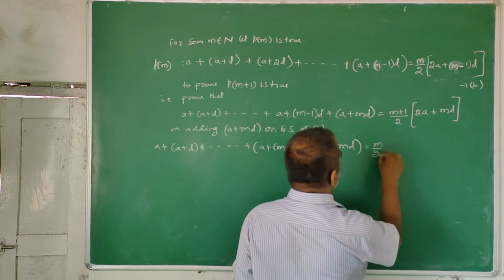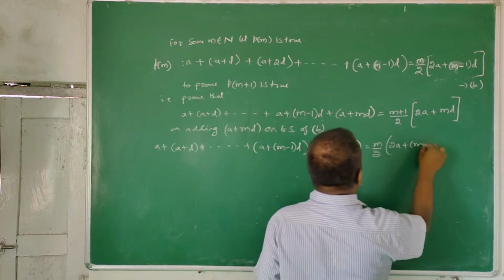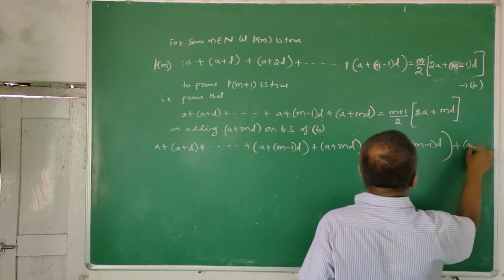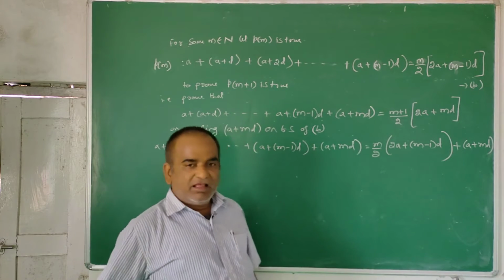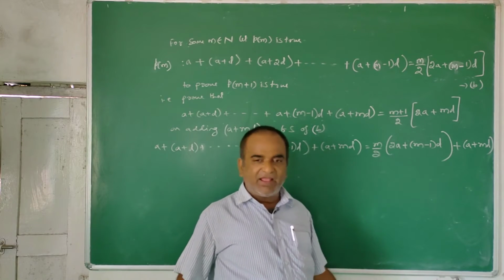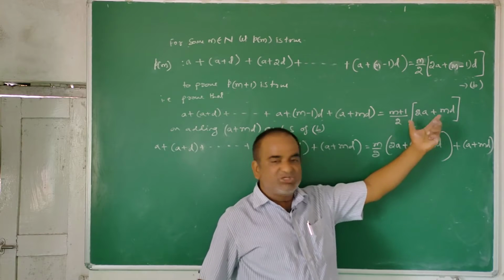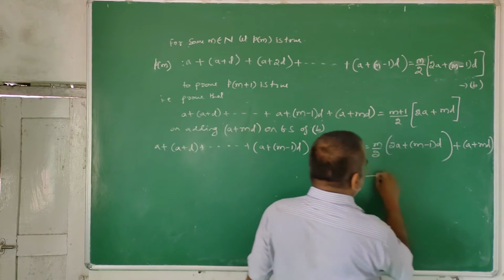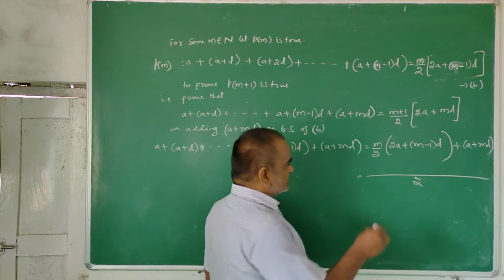It is equal to m by 2 into (2a plus (m minus 1) into d) plus (a plus md). Now we have to continue simplifying the RHS until we reach this expression. So this is equal to, now take the LCM. 2 is the LCM.